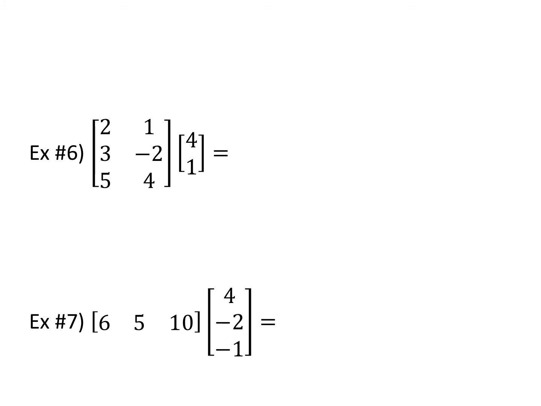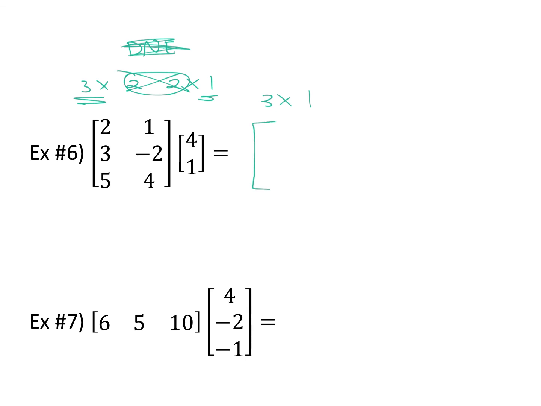So if you take a look at this, this is a 3 by 2. This is a 2 by 1. These are the same, so we're good. If these aren't the same, by the way, you're just going to write does not exist. You don't have to do any math. You just say DNE if they're different. So these ones, it does exist. So your answer is going to be a 3 by 1. Right? 3 tall, 1 wide.